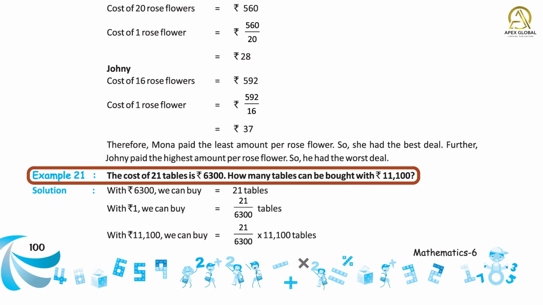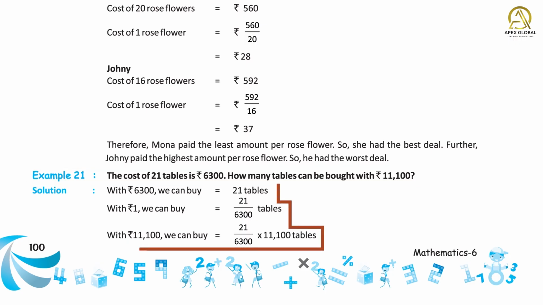Example 21. The cost of 21 tables is rupees 6300. How many tables can be bought with rupees 11,100? Solution. With rupees 6,300 we can buy 21 tables. With rupees 1 we can buy 21 upon 6,300 tables.